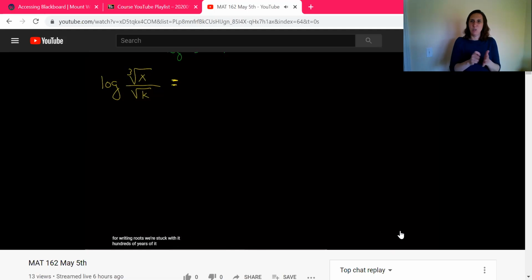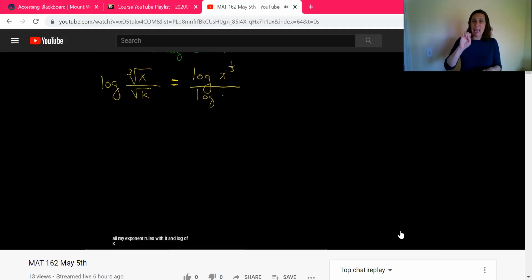Hundreds of years of it. We can be the generations that change this, but it's the same as saying x to the 1/3. And I like the 1/3 because I get all my exponent rules with it. And log of k to the 1/2. Fractional exponents are so much better than radicals.